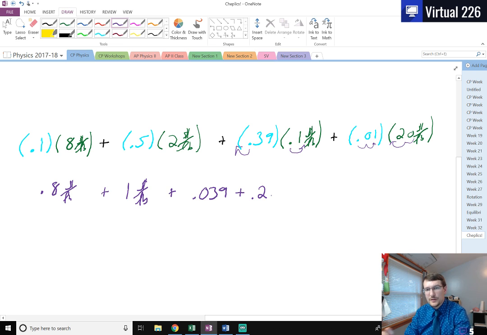Now, traditionally for an average, we still have to divide by something, okay? But if we add up all of the percentages, 10%, 50%, 39%, 100 or 1% there, and they all add up to 100%, you've just added up to 1.